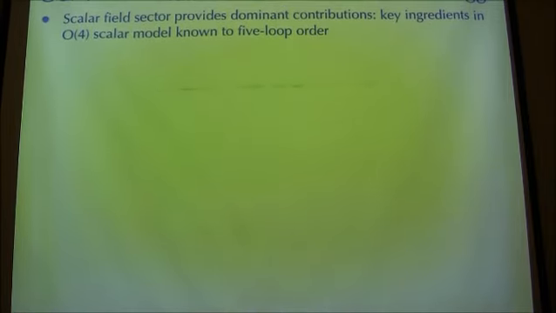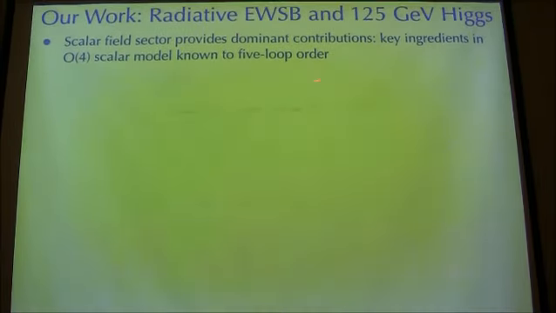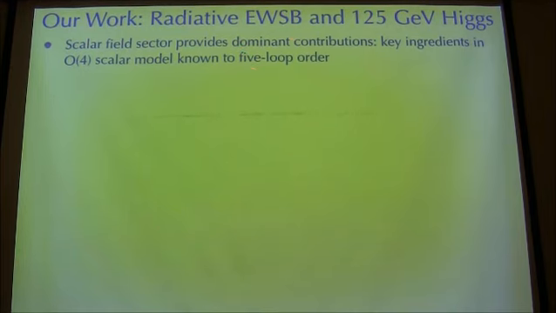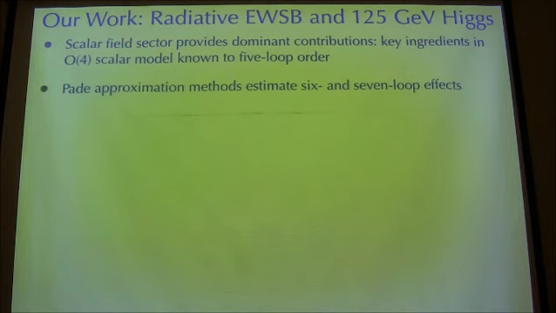And so we tried to push this as far as we could. It turns out that the dominant corrections come from a theory where things are known out to 5-loop order. This would probably surprise the experts, but for the non-experts, I guess it's meaningless.